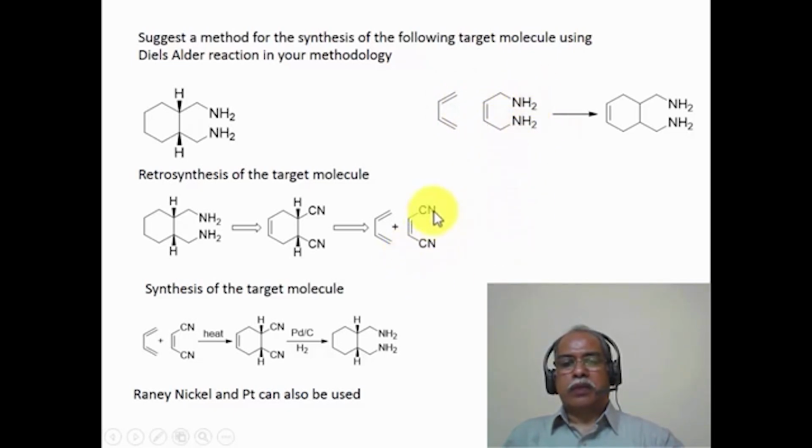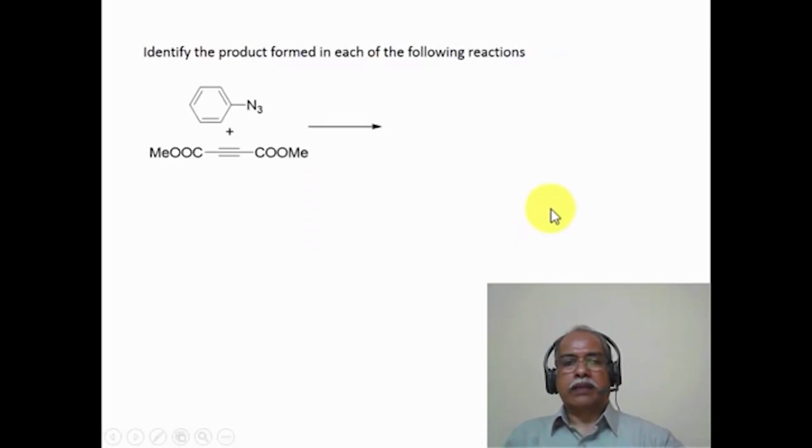It's a lot easier to perform the reaction with the dicyanoethylene rather than this diaminomethyl ethylene in this particular instance. So one has to be careful when you do the retrosynthetic analysis to make sure that diene and dienophiles are complementary in nature in terms of their electronic character.